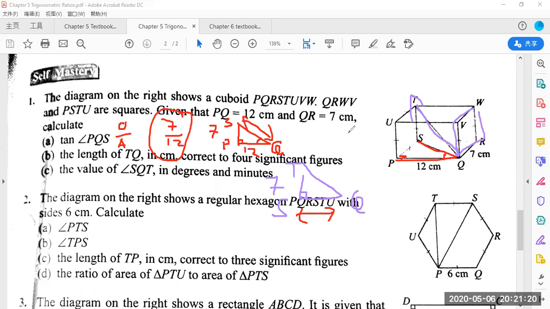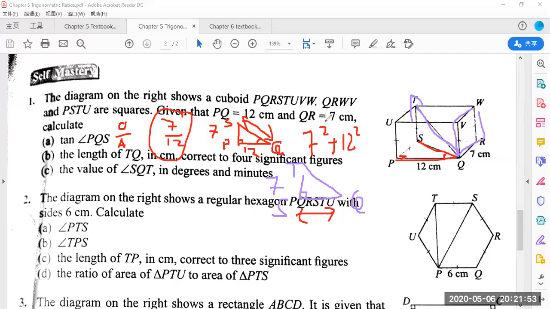So we continue. SQ, how do we find it? We use the Pythagoras theorem: 7 squared plus 12 squared, square root.